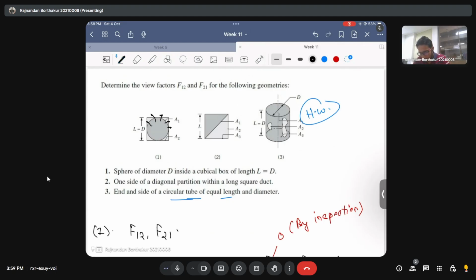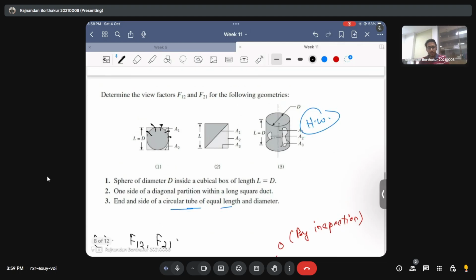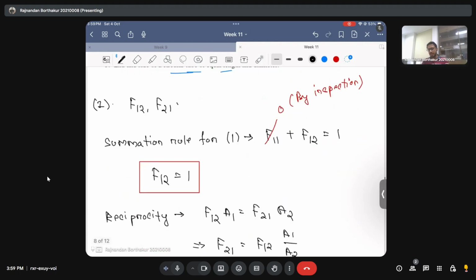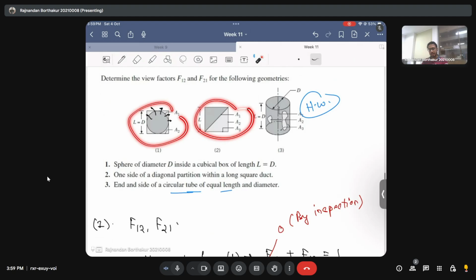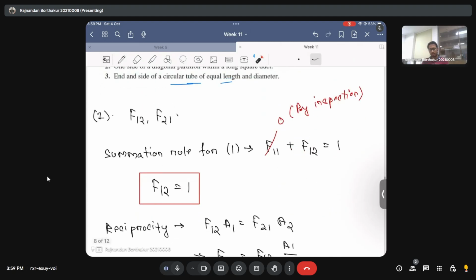So the point I wish to make now is that if you take a closer look at the examples that we did, you can see that while calculating the view factors, some of the view factors were obtained from the summation rule and the reciprocity relation, while some view factors needed to be known a priori.